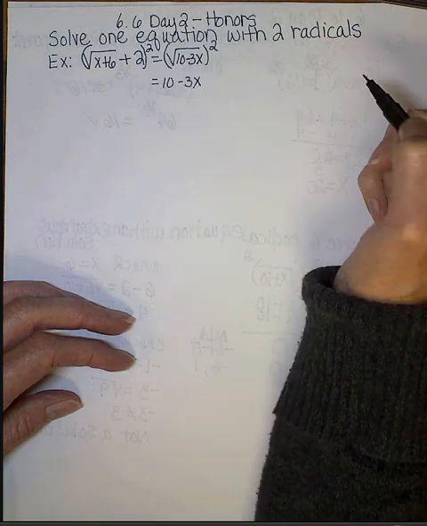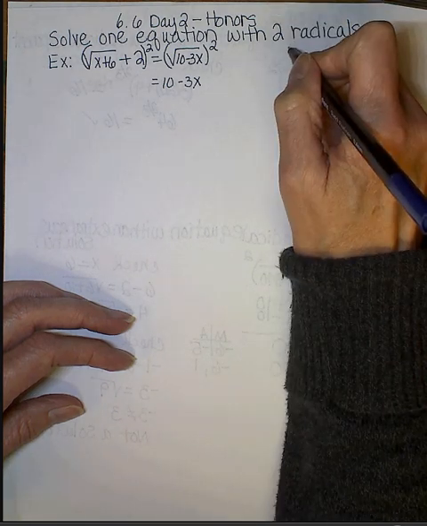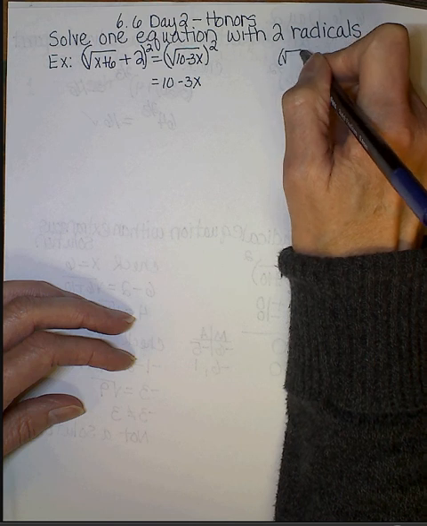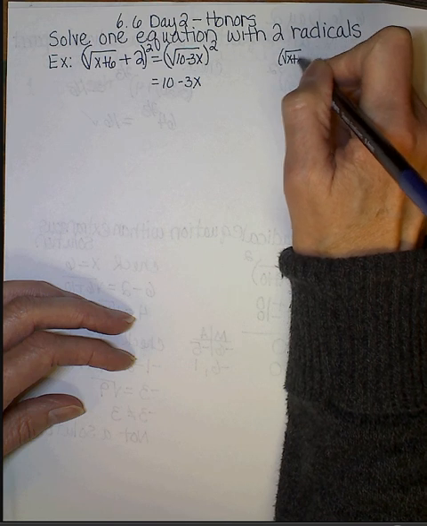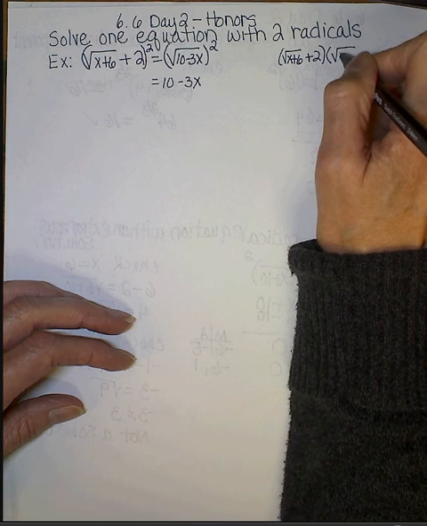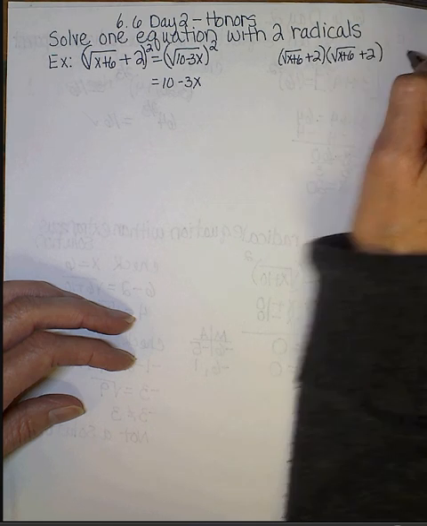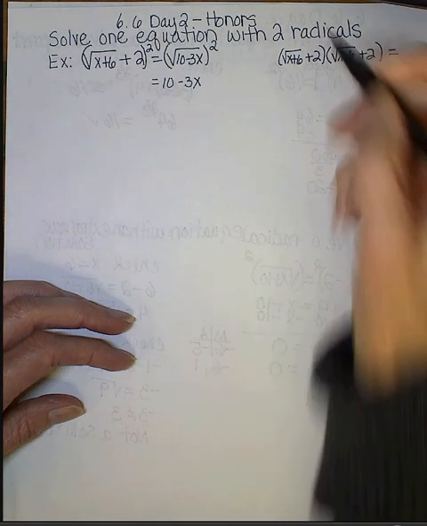Now this side is kind of complicated, so I'm going to work this out over here. If I have this, and I'm going to square it, I need another one just like it. Okay, I'm going to multiply this out with the distributive property because it's kind of tricky.